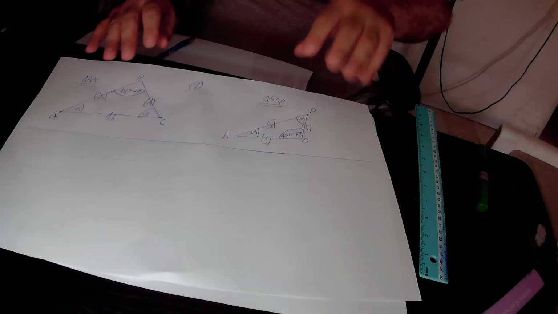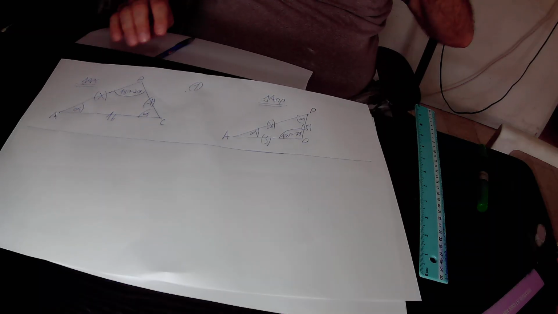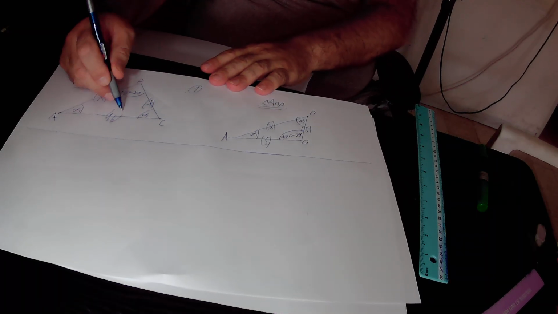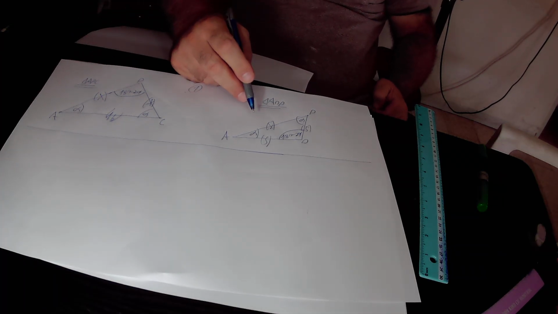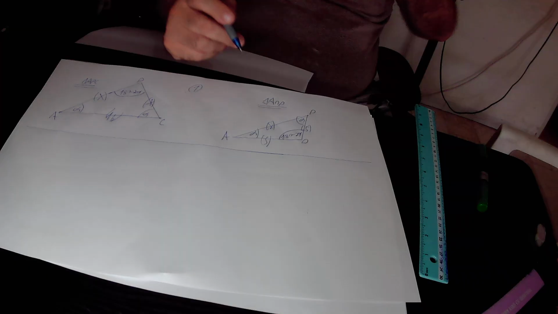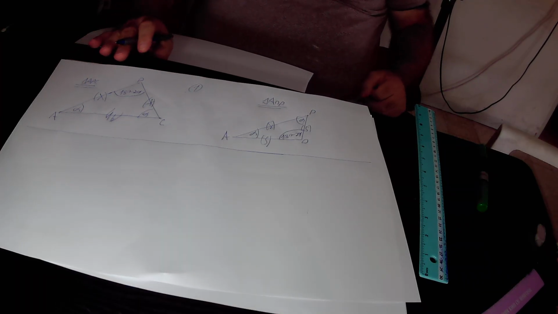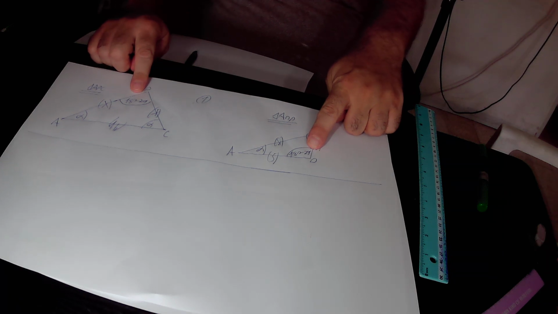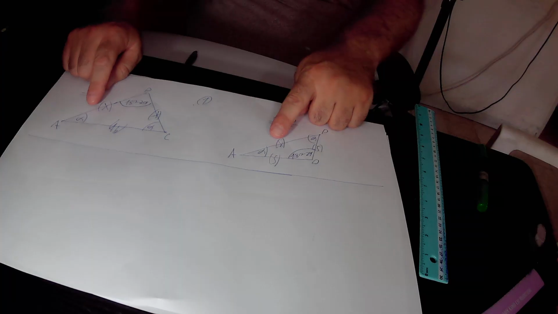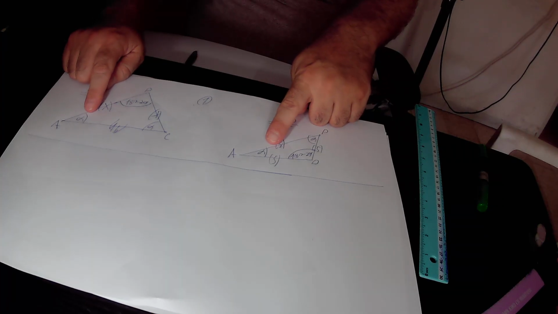Roughly, those are the two triangles that are coming from the original drawing. This is the big triangle APC, and this is the small triangle AOP. So why are those two triangles similar to each other? First of all, those two angles are both equal to 180 degrees minus 2 alpha, therefore they are equal to each other. In addition, those two angles are both equal to alpha, therefore they are equal to each other.